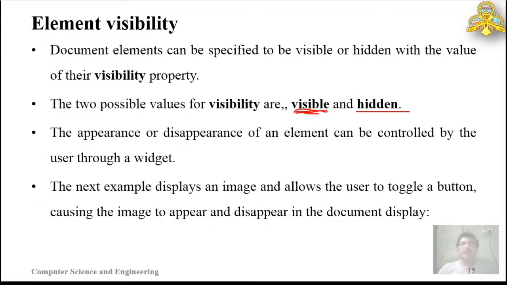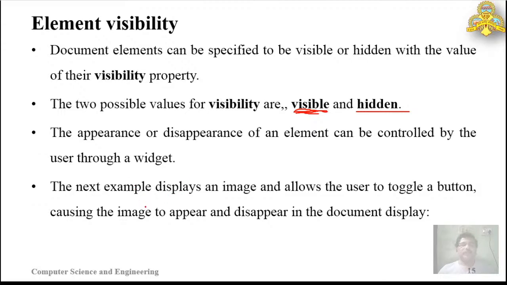Hidden means the element is not removed from the browser window, it is simply hidden such that it is not shown on the browser window. But if I click, the JavaScript function can bring it back, that means its visibility is made visible.